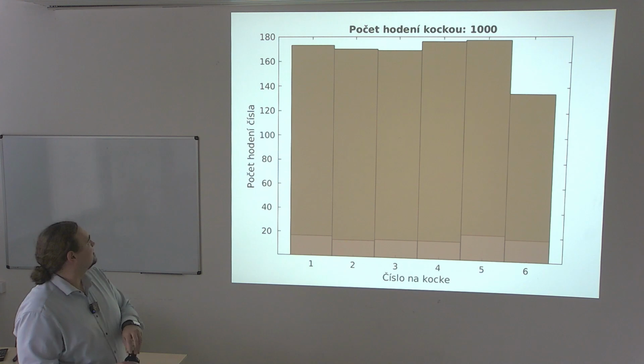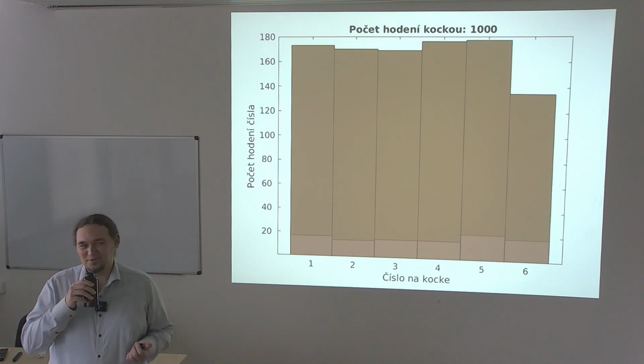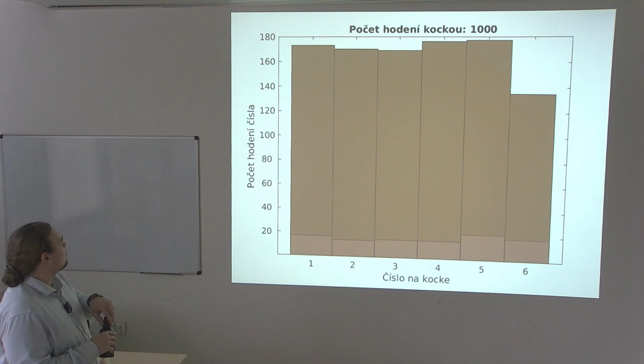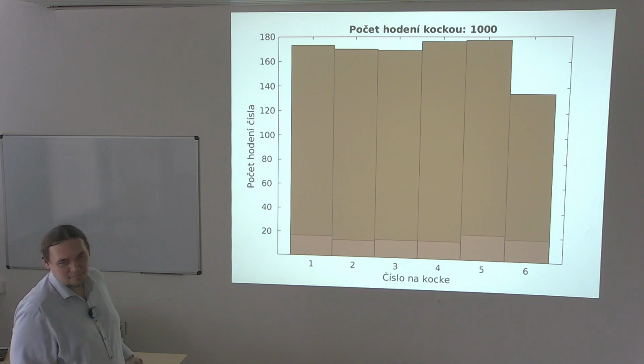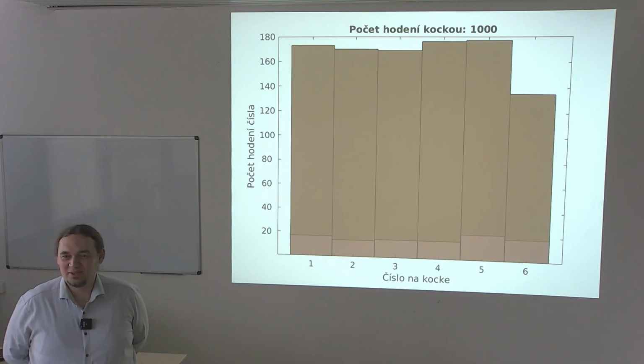How would you calculate it? What do we expect? How would you now calculate the probability that we throw 6 on the dice? The wanted outcome divided by all the possibilities.